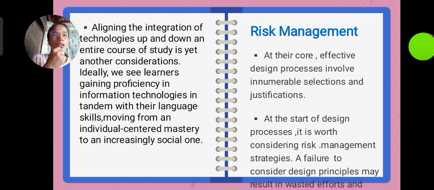So, what is risk? Risk is simply defined as the potential for danger, harm, or loss. More formally, risk is the product of the likelihood of an event and the exposure of loss if the event occurs.